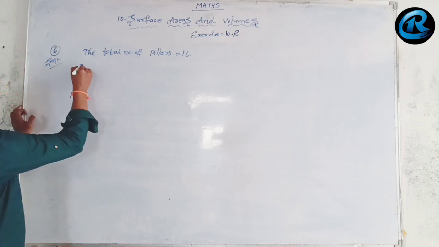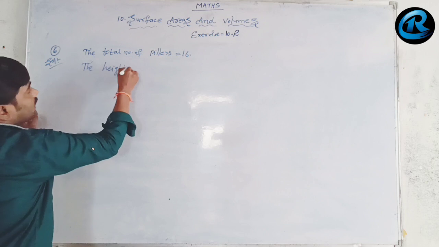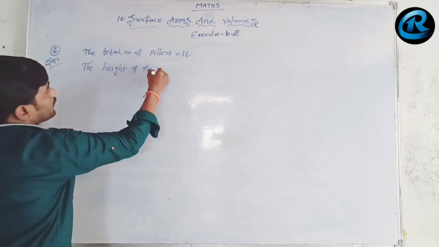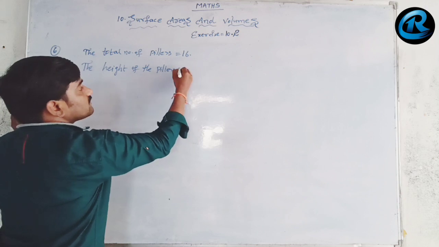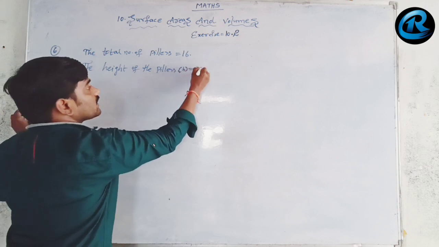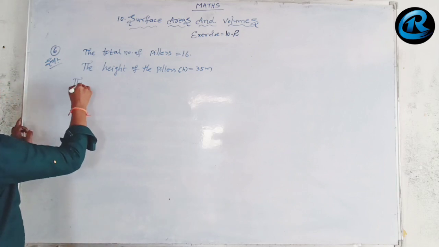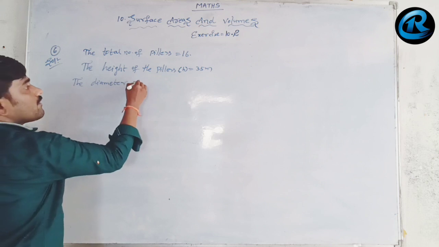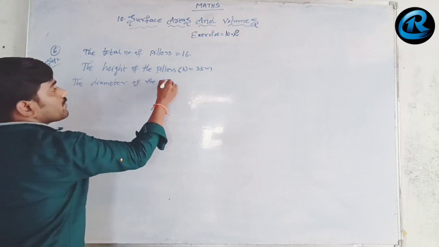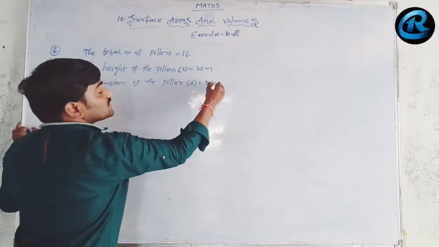The height of the pillars equal to h value, height of the pillar equal to 35 meters. The diameter of the pillar, D equal to 56 centimeters.